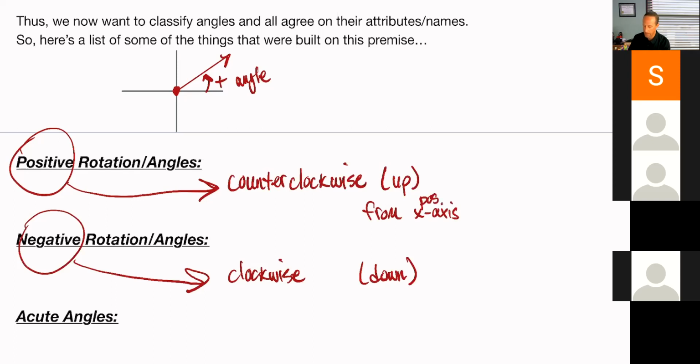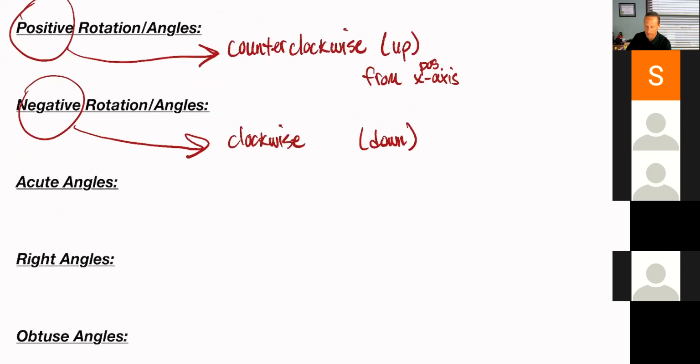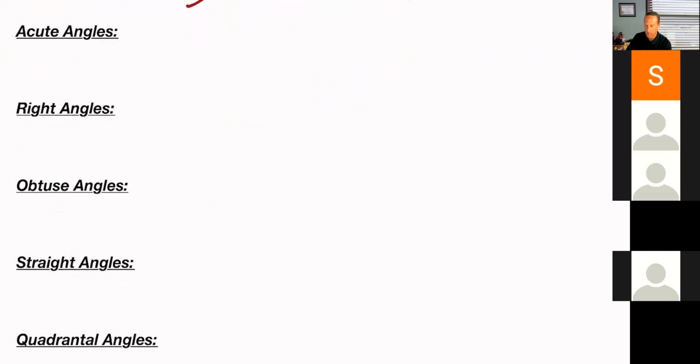All right. Some of the other types of angles that we're going to talk about and classify. And again, these are things that you should have already seen. Acute angles. What are acute angles? Less than 90. Very good. It is an angle that is not only less than 90, it is greater than 0.